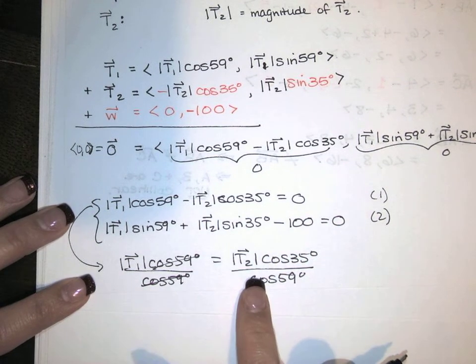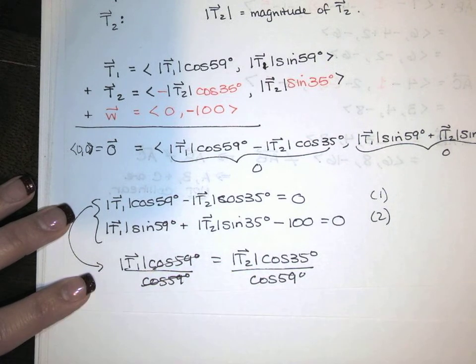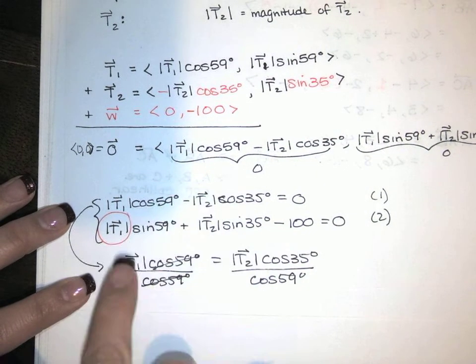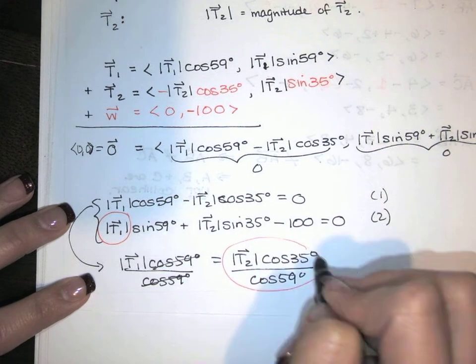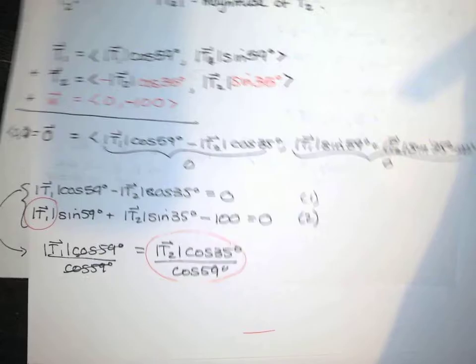Alright, so I know T1 in terms of T2. So I can replace the T1 right here. I can replace that with all of this, and then I'll have one equation and one unknown. It'll involve the magnitude of T2 only.